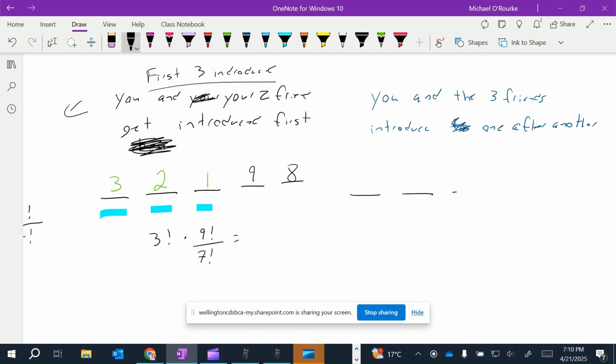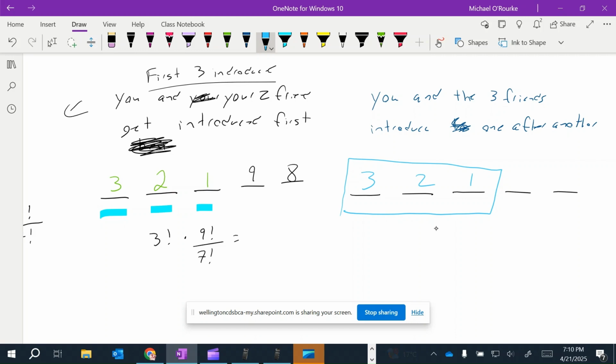So this one we're doing the box method again. We're going to box them up. But I didn't tell you they had to be first. They could go anywhere. So in the box, we're going to go 3, 2, 1, because that's your 3 friends' options. Then we're going to treat you as one person. Let me think here.